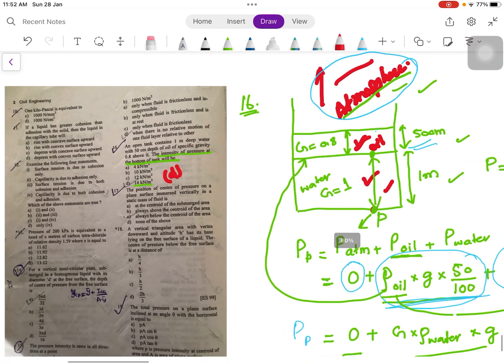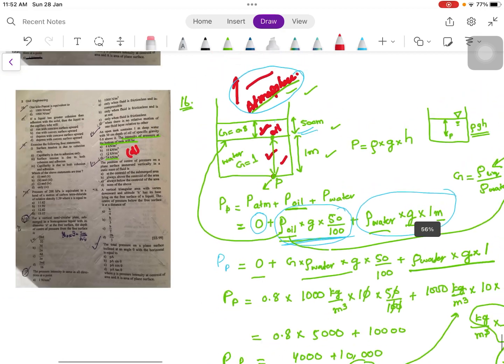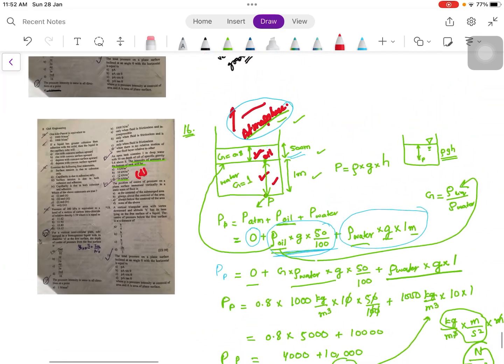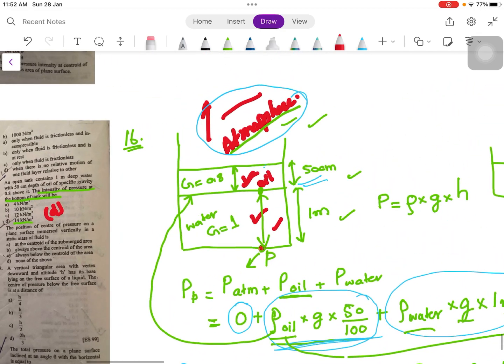And we just need to remember that whenever we need to find the pressure at a point, we need to take the effect of all the layers above it, and the sum of the pressures due to the layers above that point would give us the pressure intensity at a point.